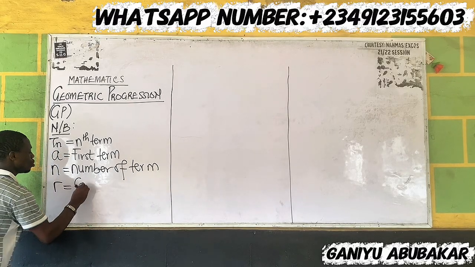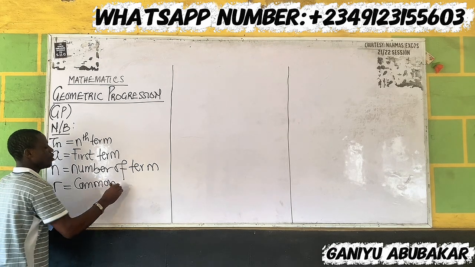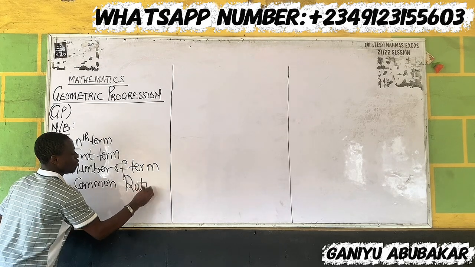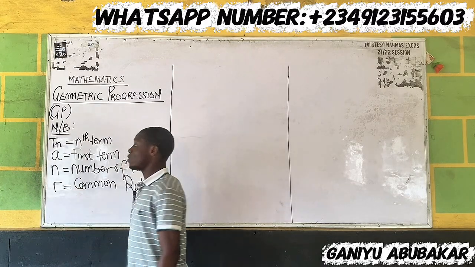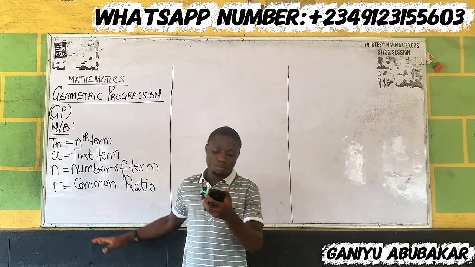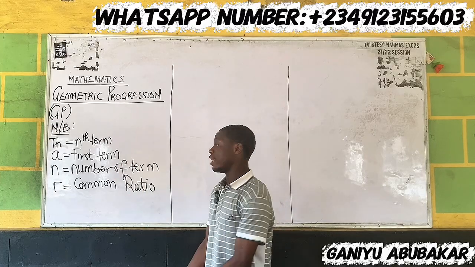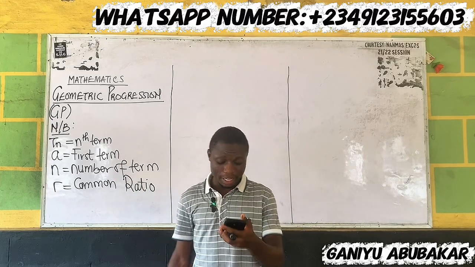R is called the common ratio. These are what you play with when it comes to GP, nothing more than this. Perhaps in case you see L, you know what L means. L means last term.